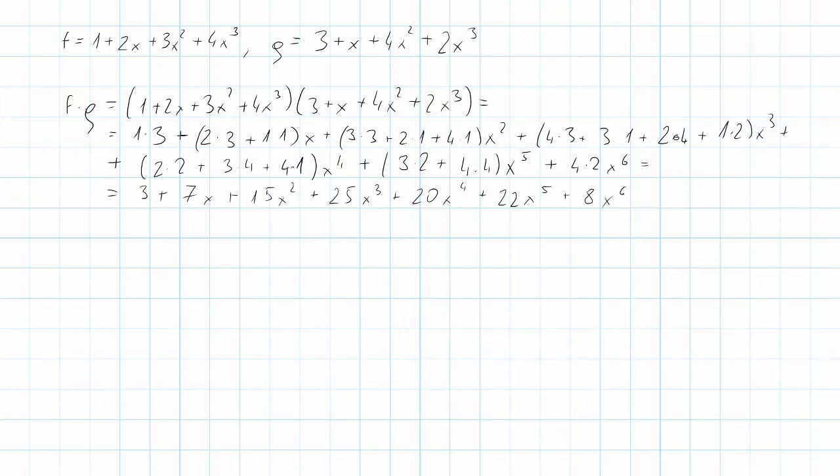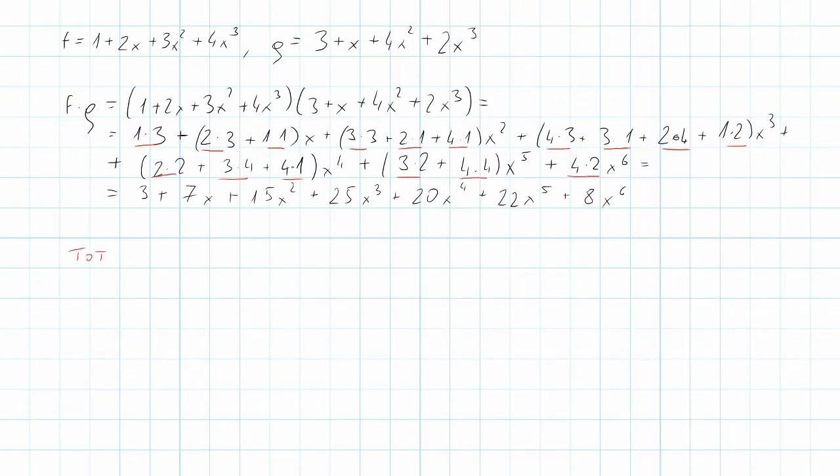So let me count the number of products of coefficients we needed to compute in order to get the product of the two polynomials. We had exactly 1, 2, 3, 4, 5, 6, 7, 8, 9, 10, 11, 12, 13, 14, 15, 16.